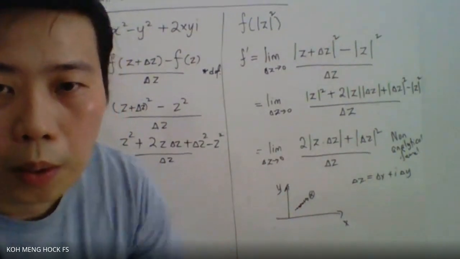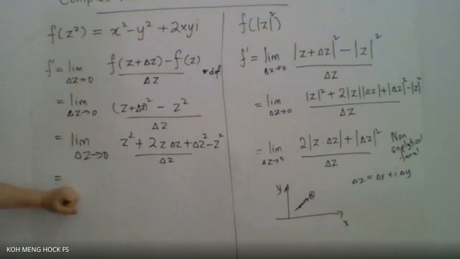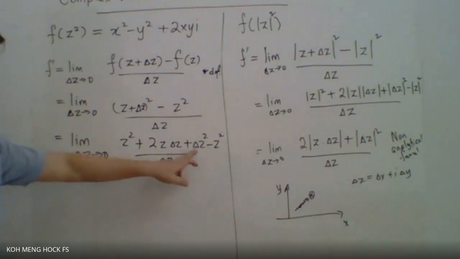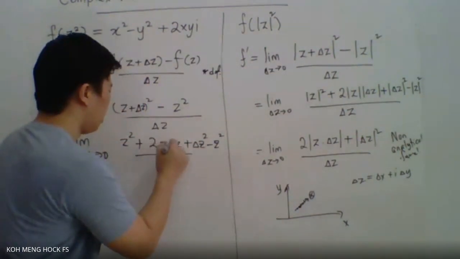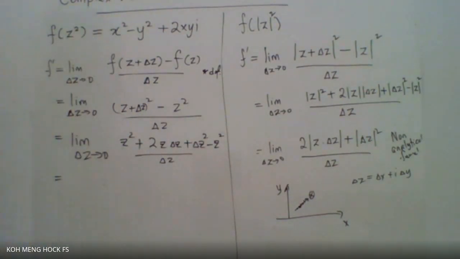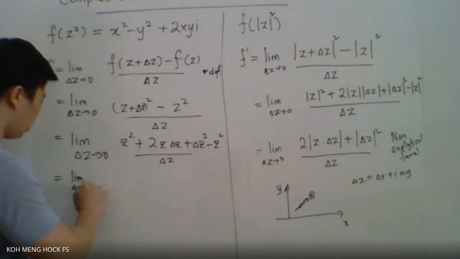So I come back to the left hand side first. The left hand side again, the function is z squared. Now you will see that again I forgot delta z, so I put in delta z again. To differentiate the two, sometimes you get confused with it. So now I have the limit as delta z tends to 0.